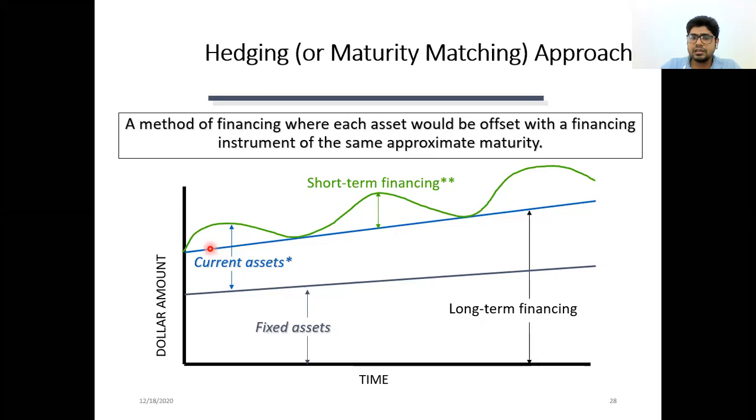The gap between the blue line here, this level, and the green line, short term finance. So what is that? Here we have total fixed assets, right? Here we have current assets. Current asset has two portions. One portion here, it requires all the times.